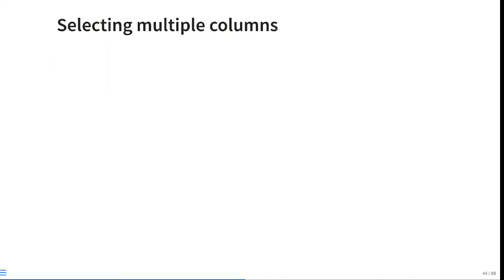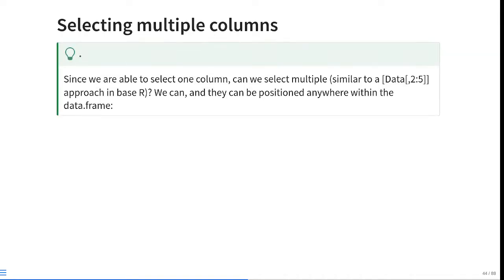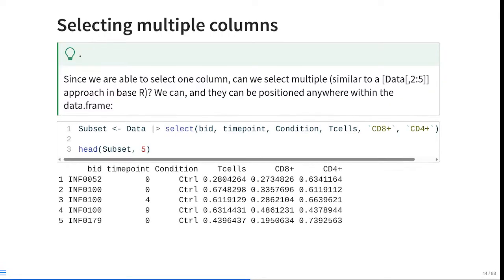All right, so at this point we've used select to select just a single column, date. But similar to what we've done previously with the base R syntax, where if we do the little square brackets, comma, then 2 to 5, we select multiple columns, is this Tidyverse select function actually going to be able to select multiple columns? And the answer is yes.